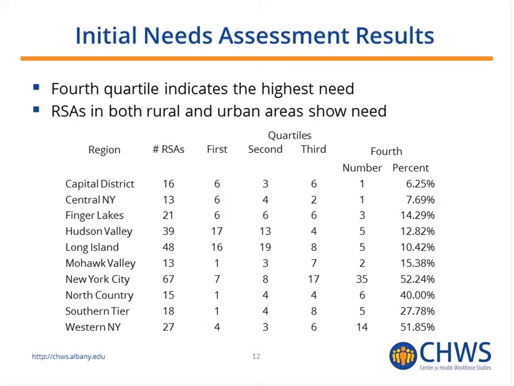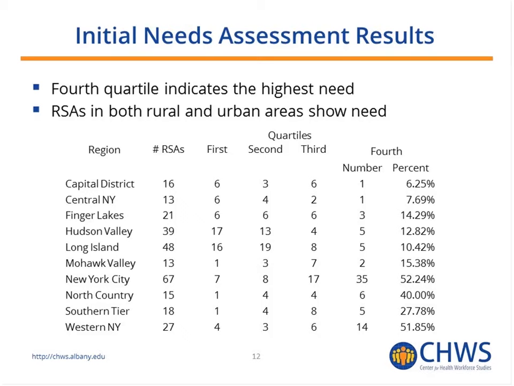Taking our 277 RSAs and breaking them into quartiles, this is how it breaks out by the different DOL regions. As you can see, the urban areas, New York City and Western New York, which houses Buffalo, have a much higher percentage of RSAs in the fourth quartile than any of the other regions.